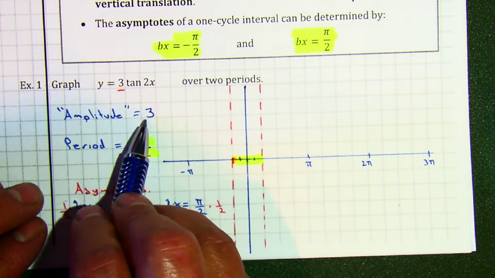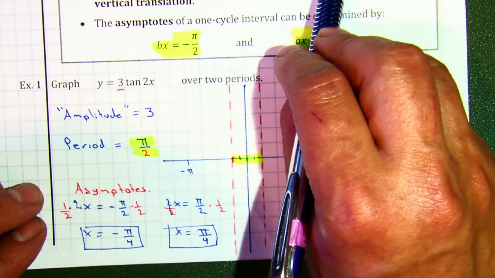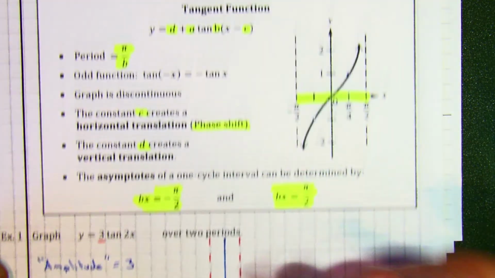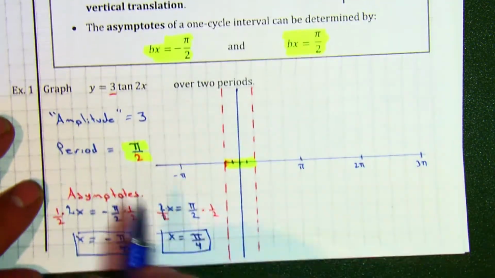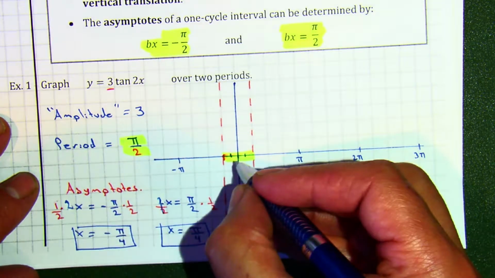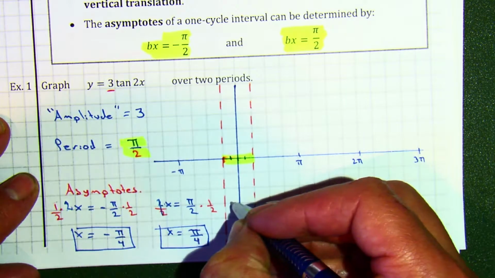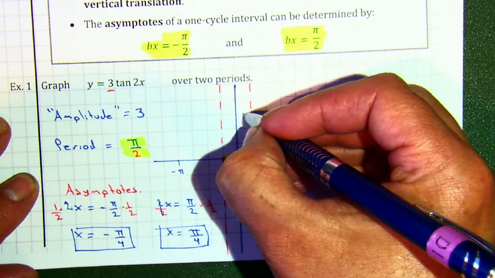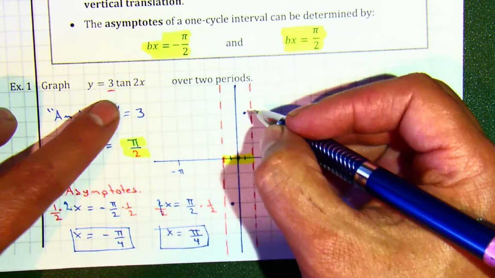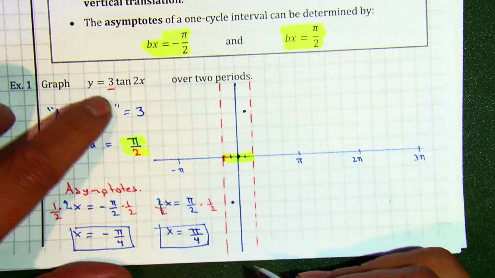Now notice that we're going to start on the bottom part: negative 3, 0, and then positive 3. Since my amplitude is 3, it will be 1, 2, 3, 0, and positive 3. Notice that the graph basically got stretched by a factor of 3.